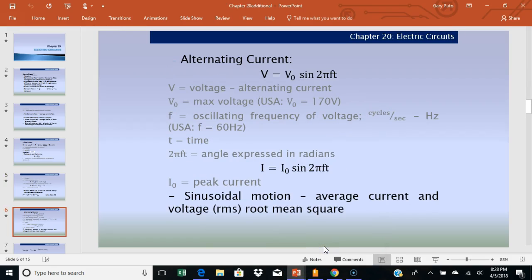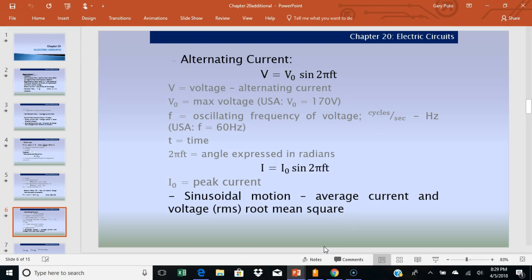Let's define the voltage in an alternating current circuit. The voltage in an alternating current is equal to V sub 0, which is the max voltage. In the US, the max voltage you can have in any outlet is 170 volts, times the sine of 2 pi times the oscillating frequency of the voltage, which is in cycles per second. In the US, it's 60 hertz, times the time.